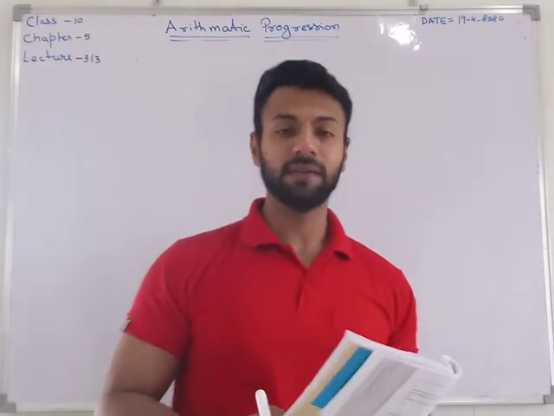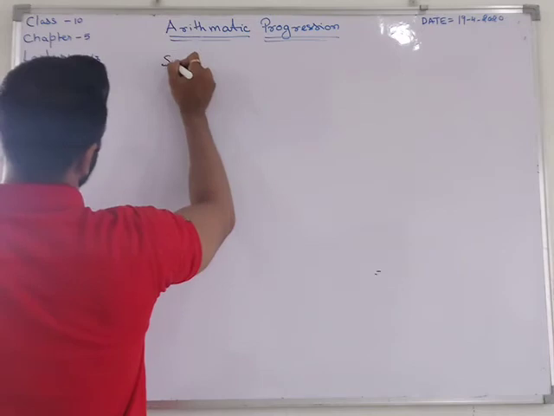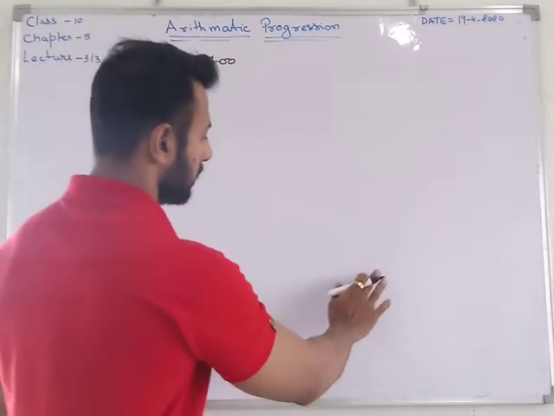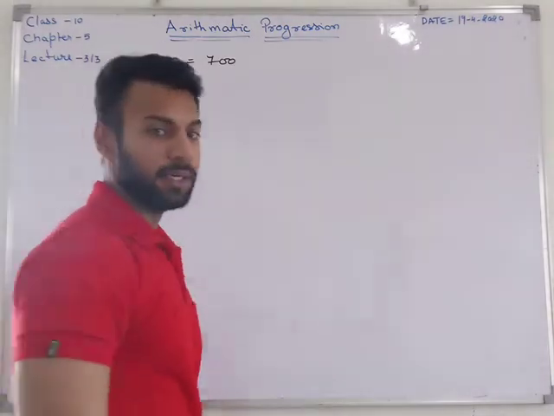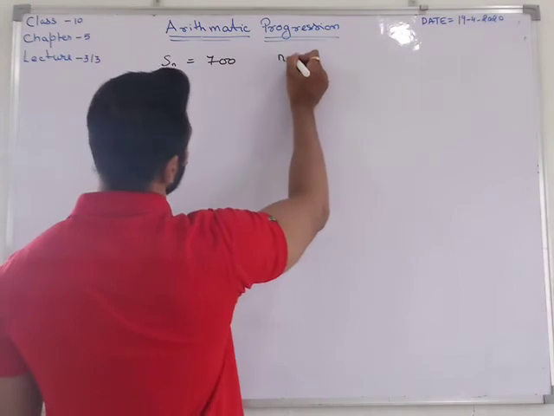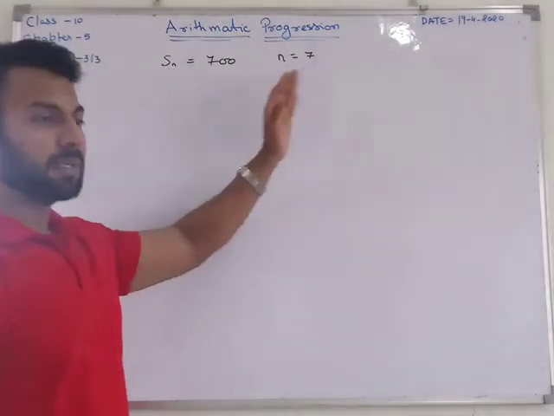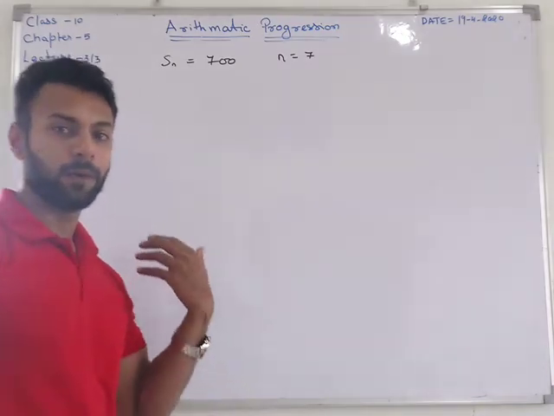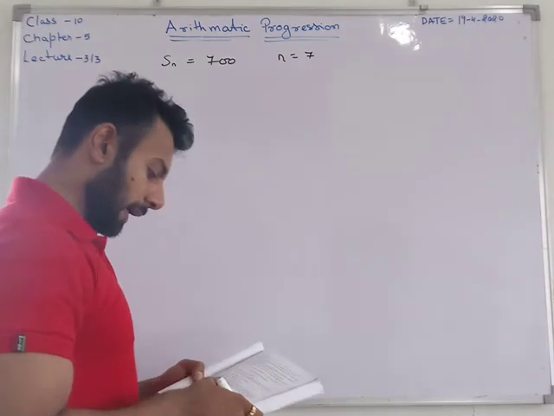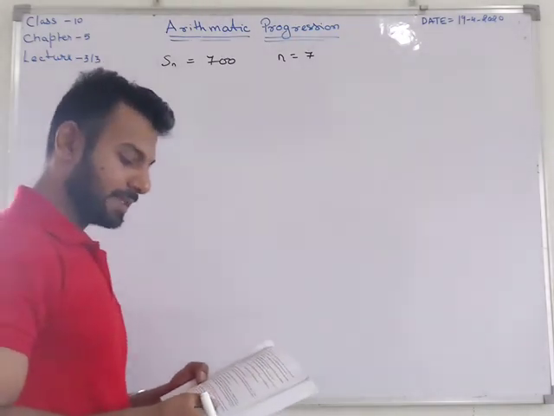Here the sum is given, 700 rupees. We have to distribute this 700 into the 7 prizes. Means n is equal to 7, because there will be 7 people on which we have to give the prizes, and each prize is having 20 less than its preceding prize.